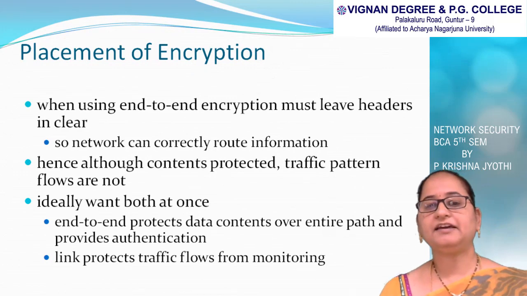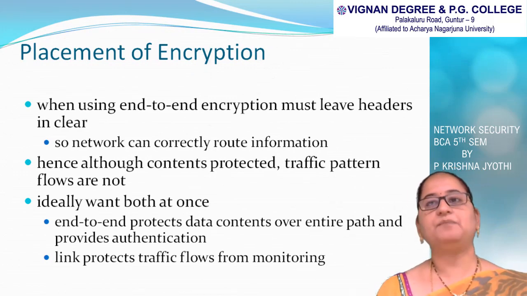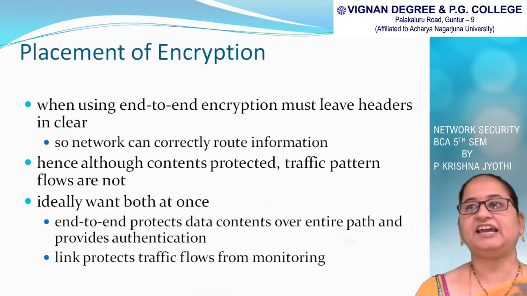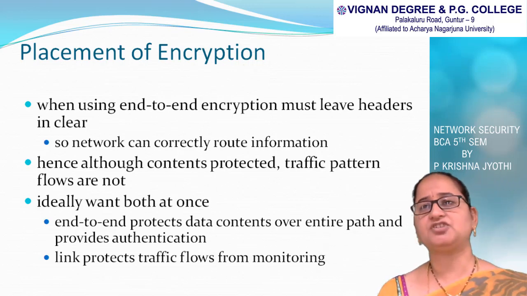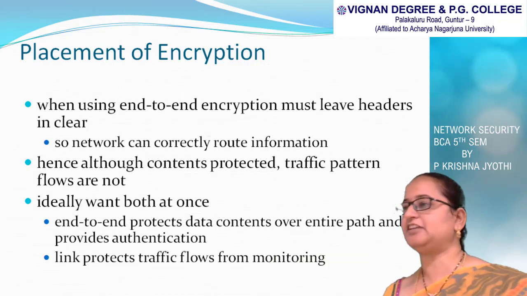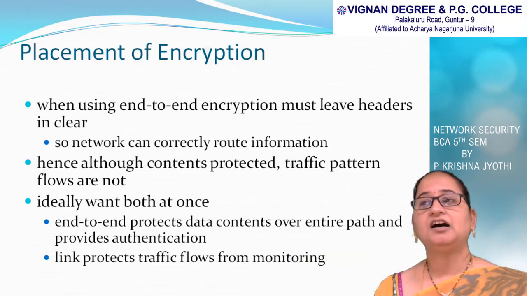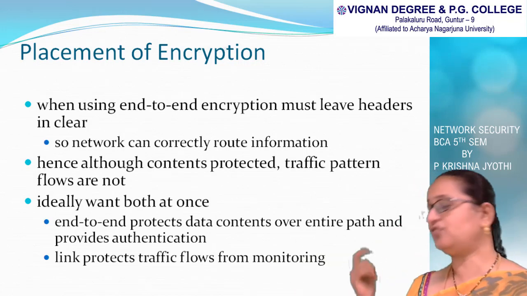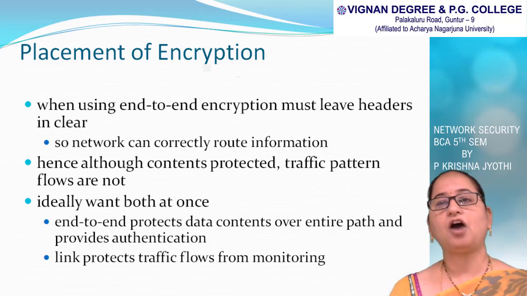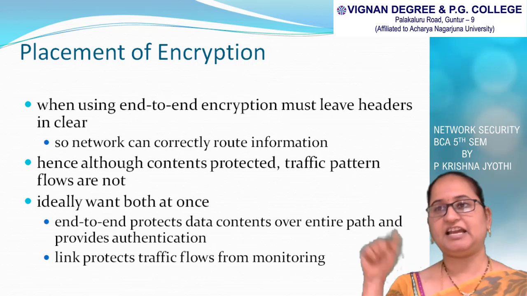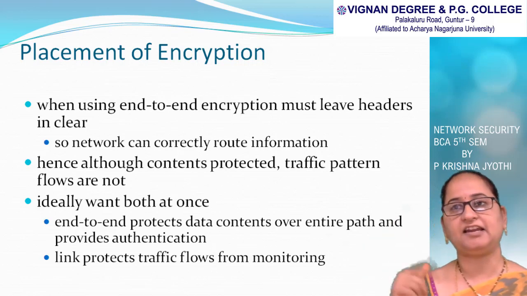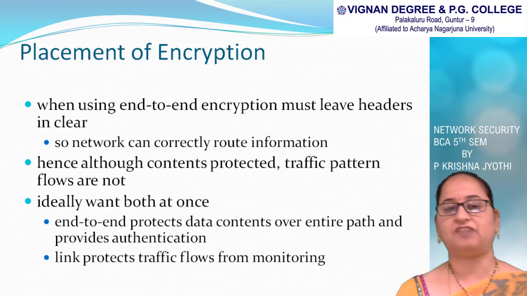Here we have to know some methods while placing the encryption. Already we know the two methods to place the encryption function: one is end-to-end encryption and the other is link-to-link encryption, and we also know how we place these encryption devices, represented in an oval shape that is completely enclosed.